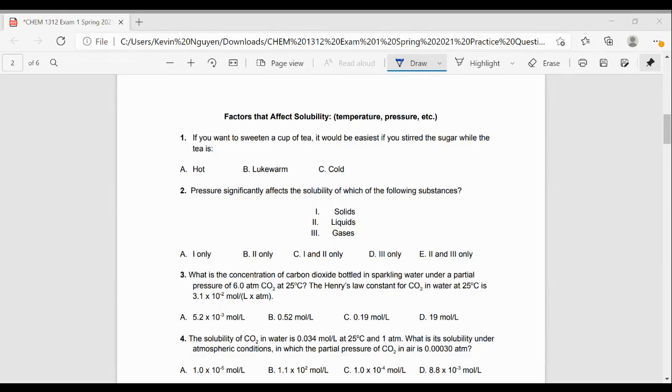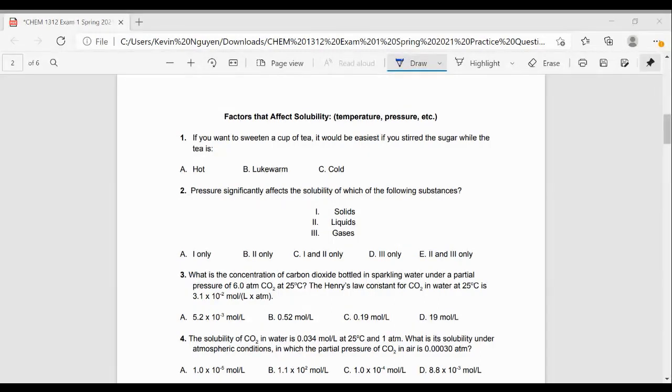So a really common example to think of is soda, our carbonated drink. As you increase the pressure, you're forcing gases like CO2 into the liquid. So that increases the solubility as you increase the pressure.